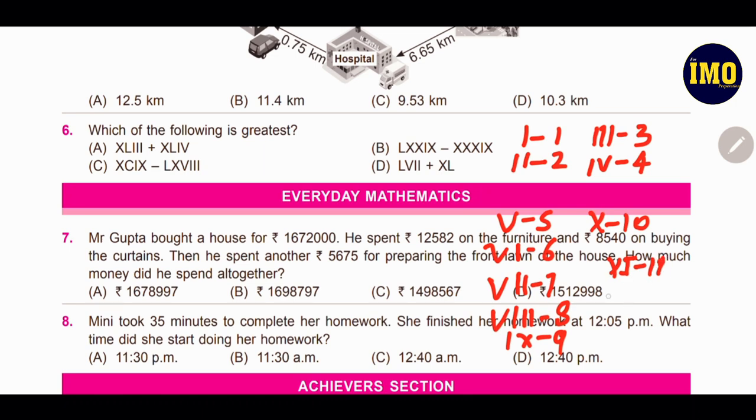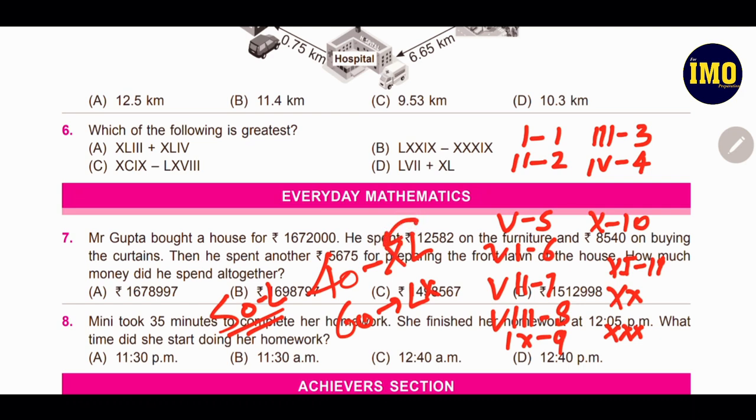Suppose that X is 10, so XX is 20, XXX is 30, and for 40 it is important. For 40, my dear, we need to write down XL. For 60, we need to write down LX. It means 50 is represented by L. Okay. When we write X on the left side, it reduces by 10. When we write X on the right side, it increases by 10. Now for 100, we have C. In such a way we represent numbers in Roman numerals.